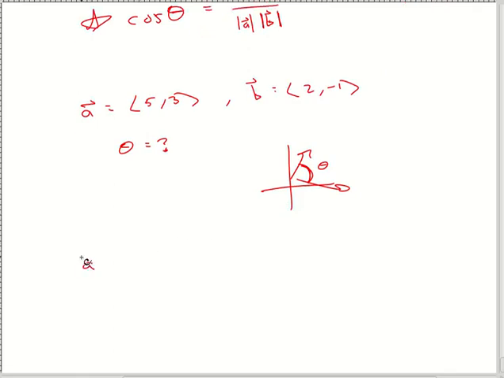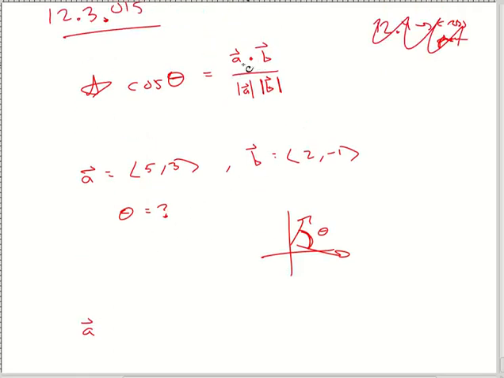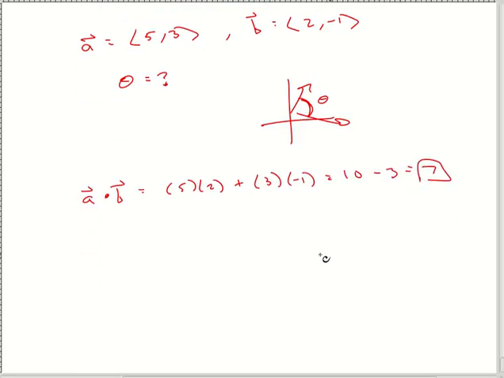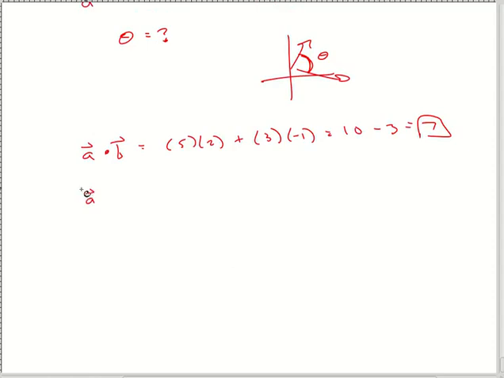Notice that there are different components: the top and then these two bottom ones. I'm going to find each of those individually. The dot product A dot B is 5 times 2 plus 3 times negative 1. So 10 minus 3 is 7. That's a piece of it.